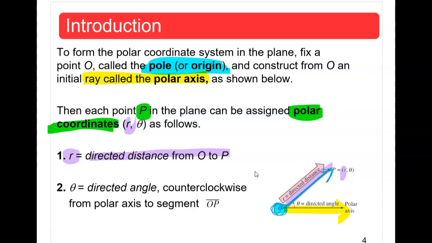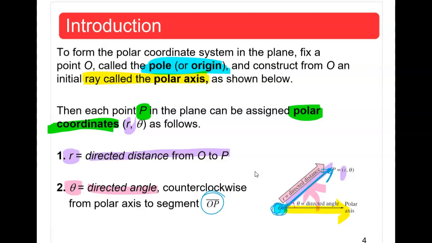And theta is going to represent the directed angle, counterclockwise if it's positive, so in this direction. And it starts from the polar axis, so from the horizontal axis, to the segment that is formed from the points O and the point P that is here.